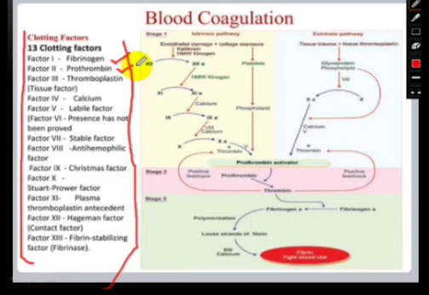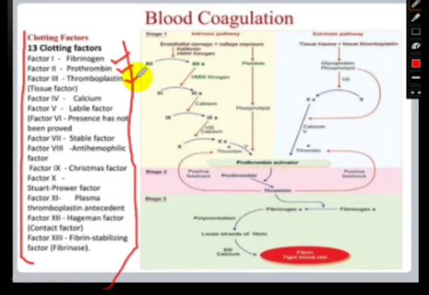Factor 2 is what? Prothrombin. Alright, factor 2 is prothrombin.